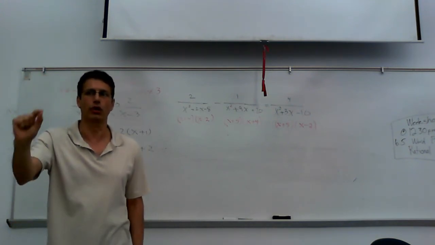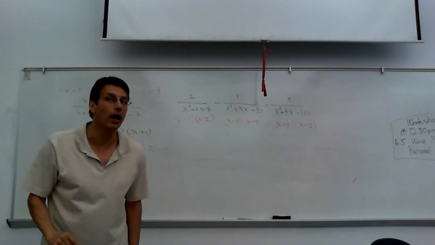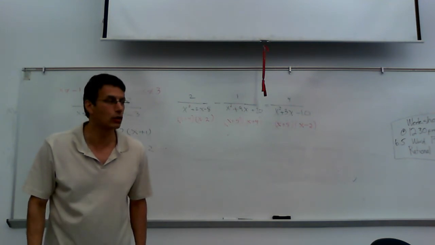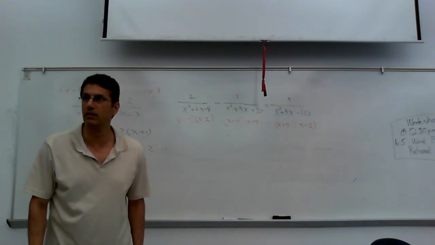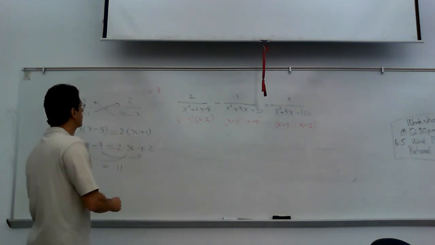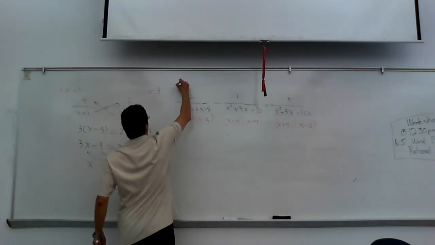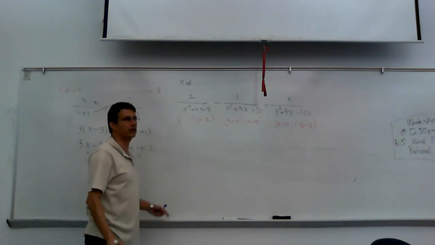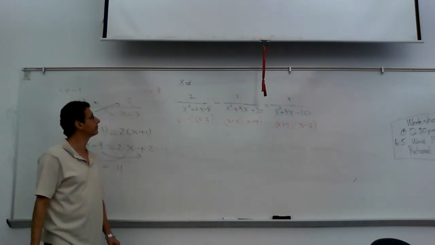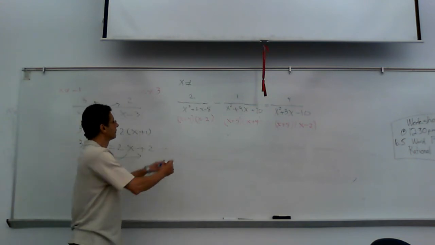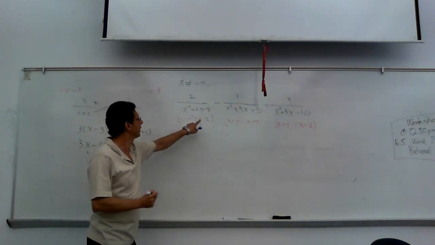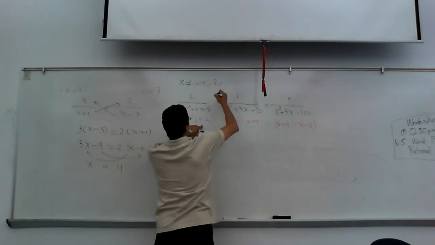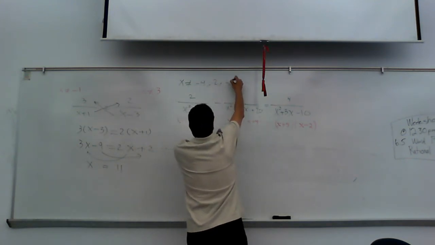Before you start, you must do what? Exclude whatever makes each denominator 0. So class, x cannot be what? You tell me and I write it. Negative 4, positive 2, negative 5.